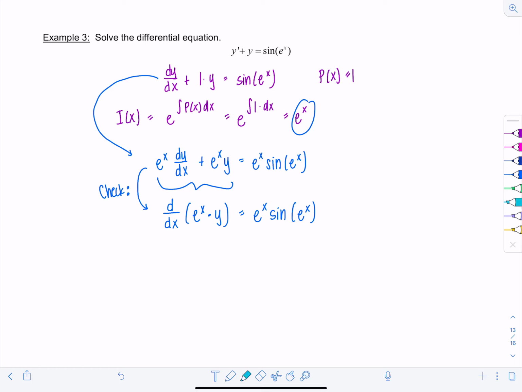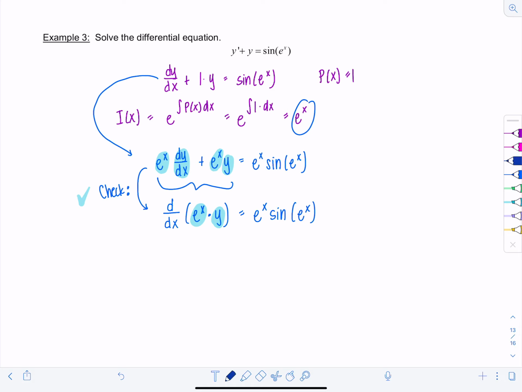Okay. So derivative of e to the x we'll do later. Let's take the derivative of y. It's dy dx. We left it alone. Fabulous. Derivative of e to the x is e to the x. Leave y alone. Y. It works. Don't be lazy and skip this step, because a lot of the times if you mess up, you'll catch it right here before things get too late. Okay?